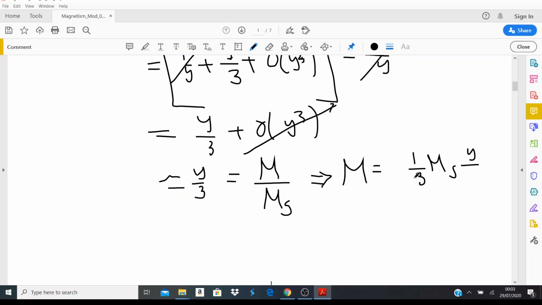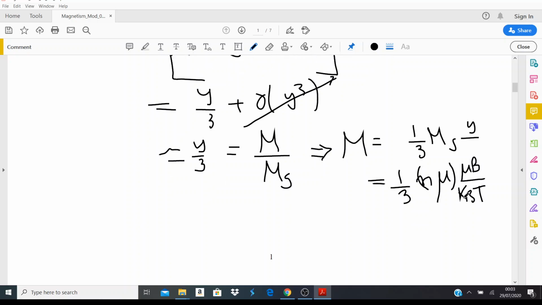So we have 1/3 already here. Do you remember what is the value of Ms? That's the number of magnetic dipole moments per unit volume times the magnetic moment, right? And what is the value of y? y is nothing but the magnetic moment times the magnetic field divided by the Boltzmann constant and the temperature.